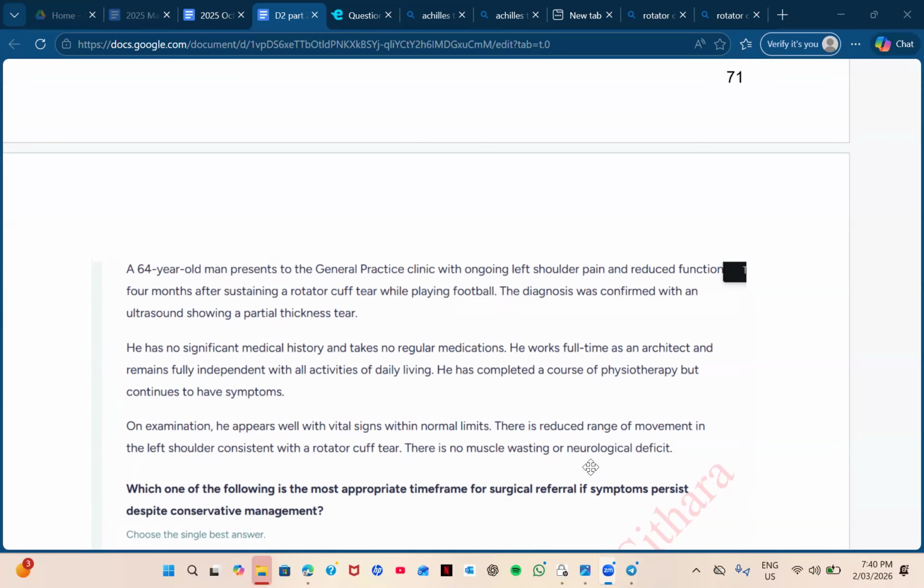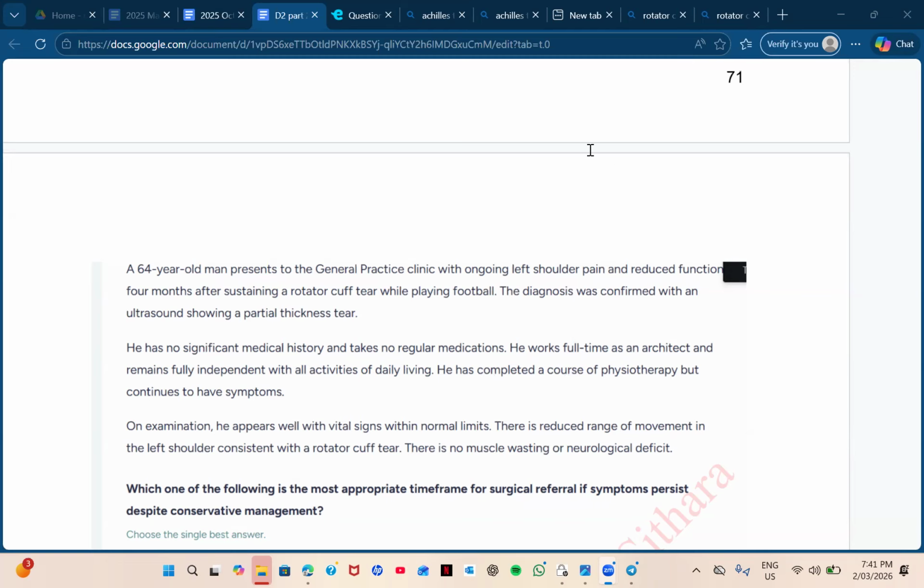He works full time as an architect and remains fully independent with activities of daily living. He has completed a course of physiotherapy but continues to have symptoms. On examination, he appears well with vital signs within normal limits. There's a reduced range of movement in the left shoulder consistent with rotator cuff tear. This is another point you should remember for rotator cuff injury.